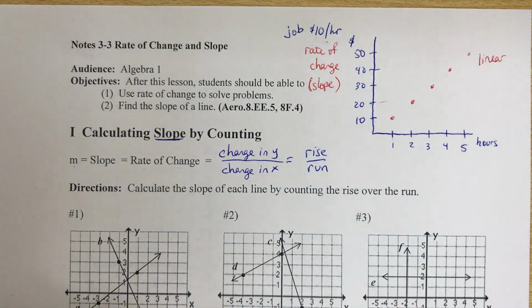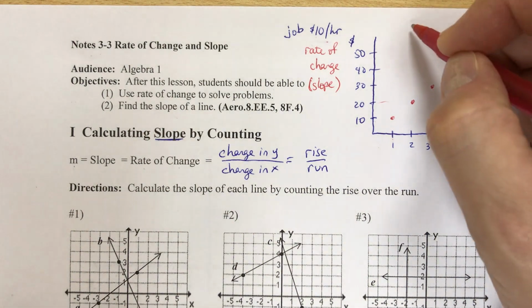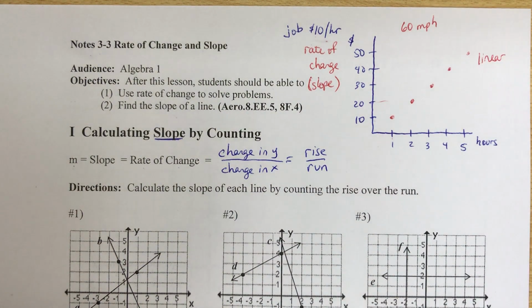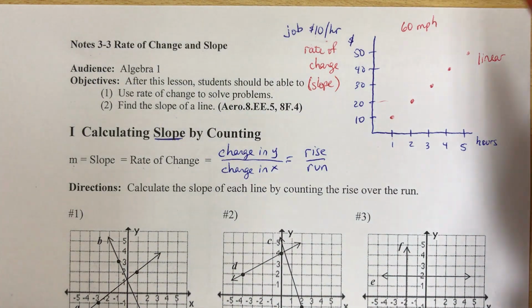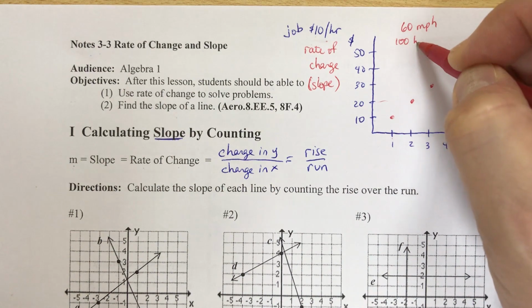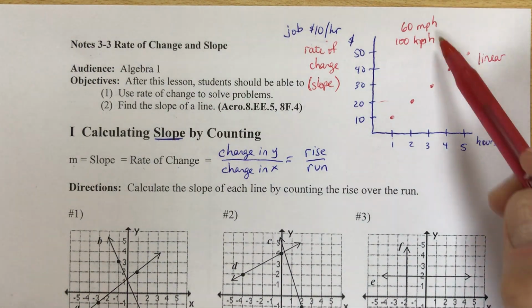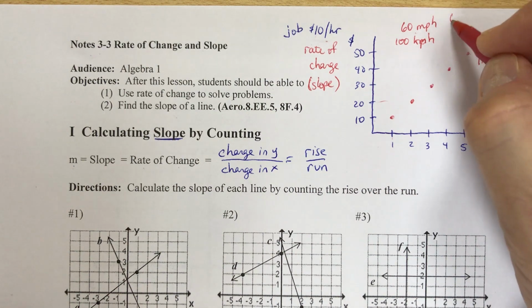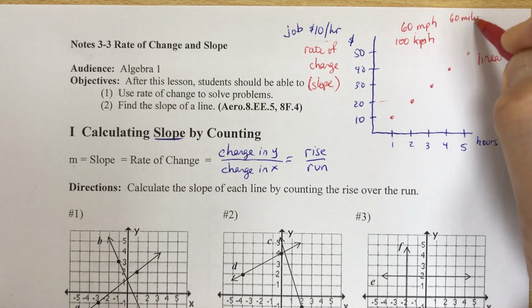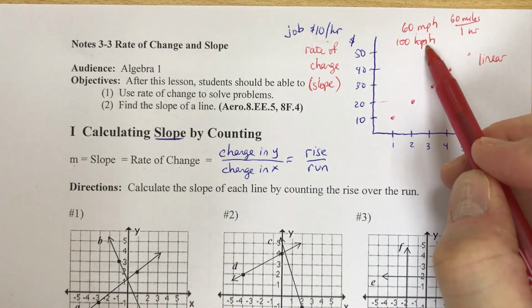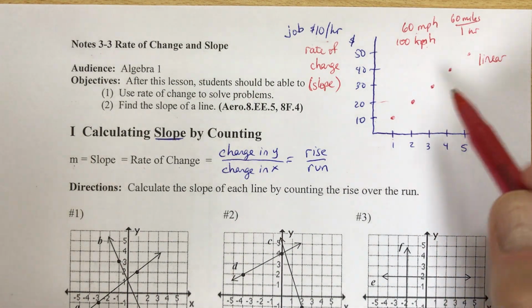If you're driving and you're talking about your speed, for example, you're traveling 60 miles per hour, mph, or if you're in another part of the world, maybe you're going 100 kilometers per hour, kph. This is the rate of change. You're going 60 miles for every 1 hour, or 100 kilometers for every 1 hour.